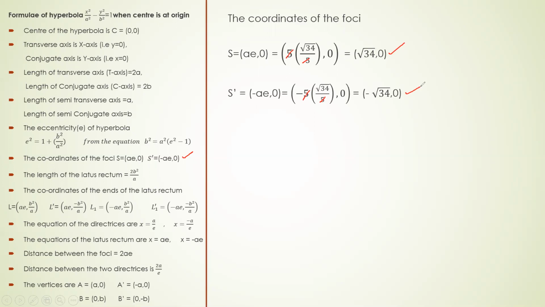This is how we are going to solve the problems in hyperbola. We have to remember all these formulas listed here so that we can make use of them while solving the problem. Now let us take another problem.